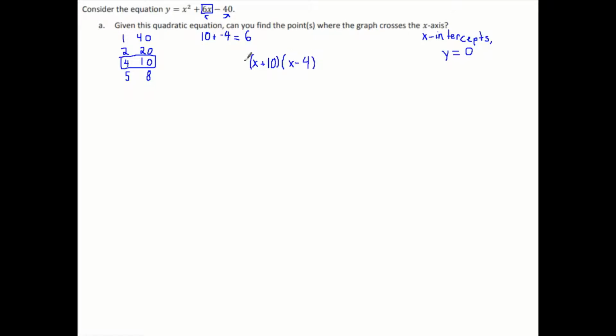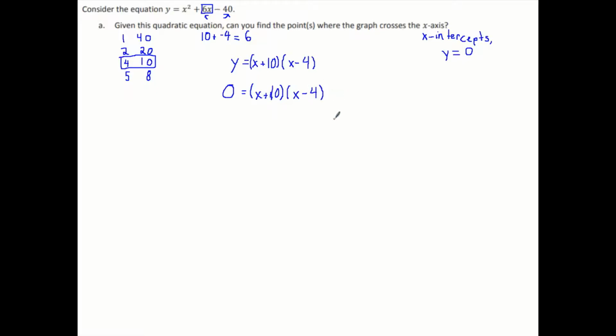And that is going to, of course, be equal to y. But we already discussed this. We want y to be equal to 0. Okay, so that means that 0 is equal to x plus 10 times x minus 4.